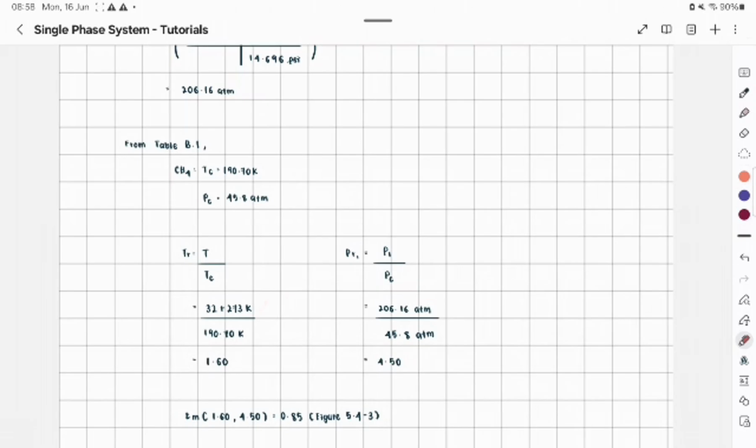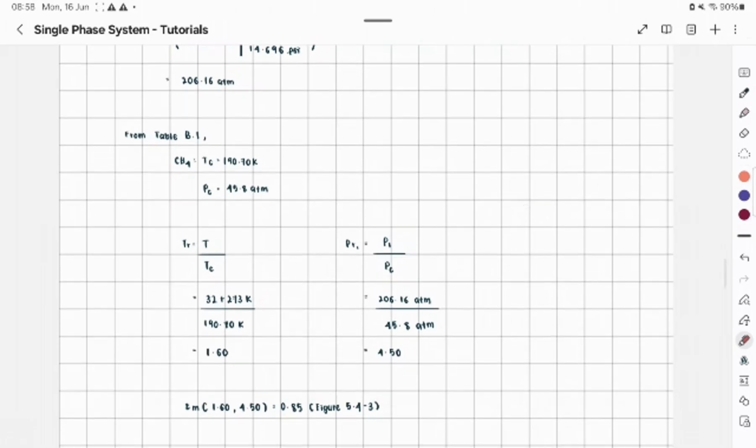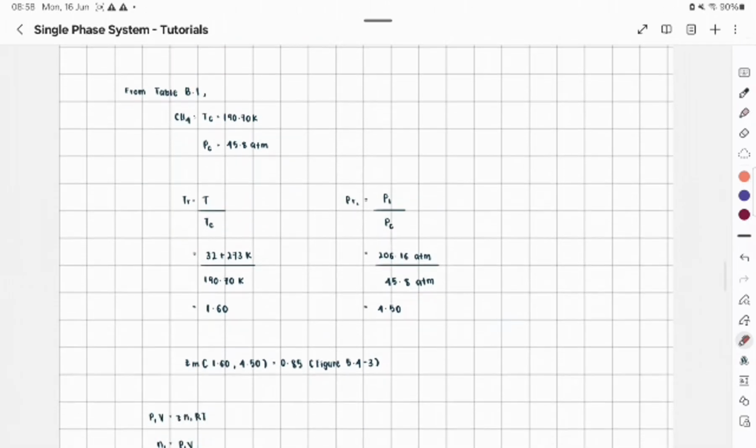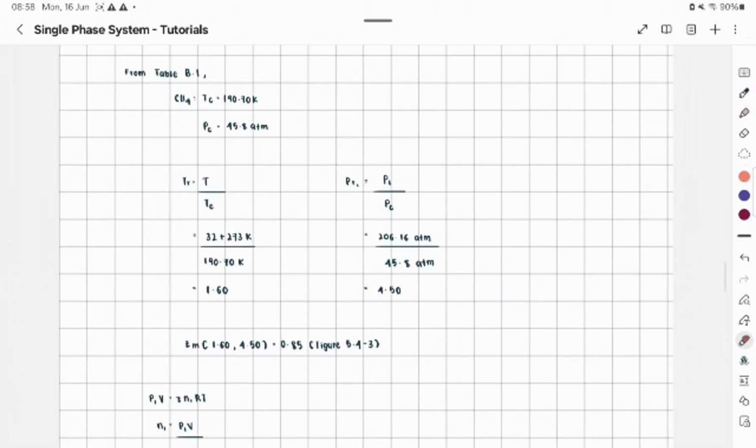And then, we need to find TC and PC. So, by using table B1, for the CH4 value of TC and PC, TC is 190.70 Kelvin, and PC is equal to 45.8 atm. And then after that, we use the formula PR equal to P1 over PC and also TR equal to T over TC.